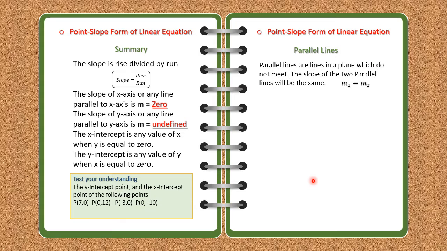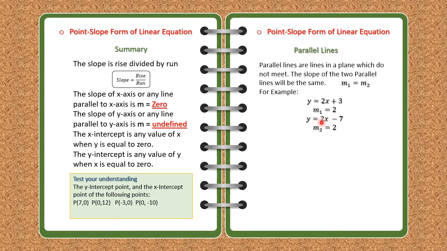Parallel lines. Parallel lines are lines in a plane which do not meet, meaning however far they run, they will not touch each other. The slopes of two parallel lines, or maybe more than two, will be the same, meaning m1 equals m2. Example: if we have y equals 2x plus 3, the m here is equal to 2, and y equals 2x minus 7.